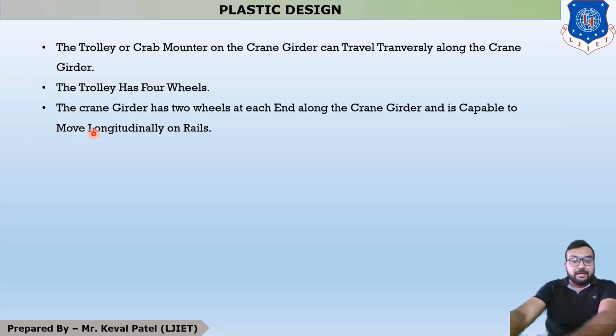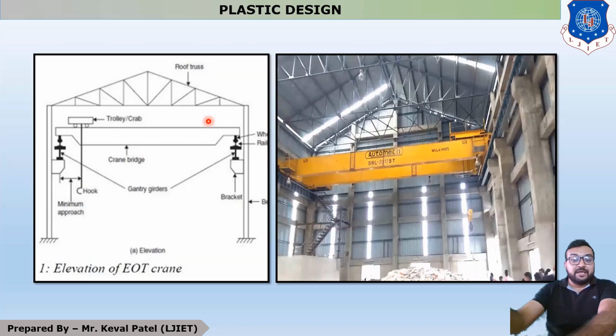And lastly, the crane girder has two wheels at each end: two wheels at this point and two wheels at this point.